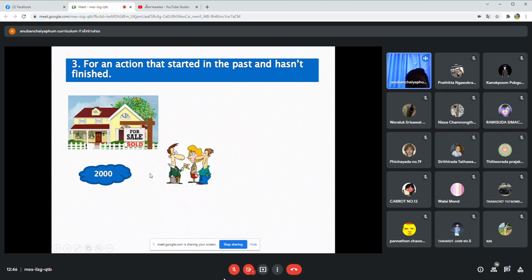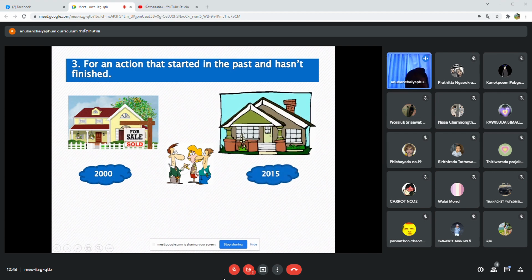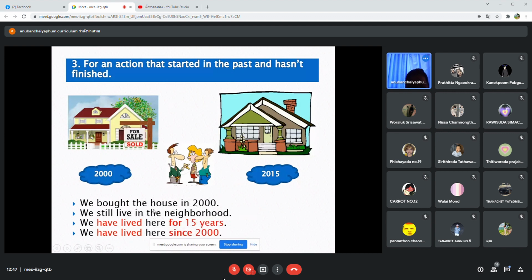The sentence would be: We bought the house in 2000. We still live in the neighborhood. We have lived here for 15 years. We have lived here since 2000. It means in the past they bought the house and are still living in the same house until now.